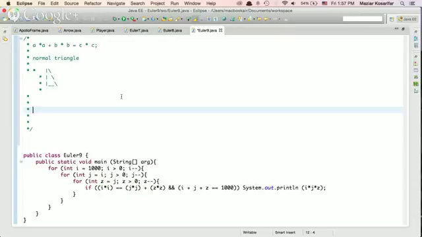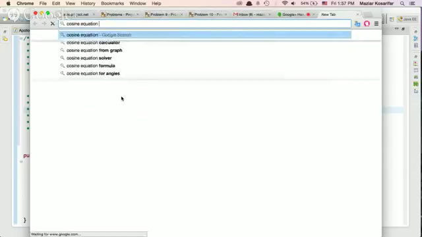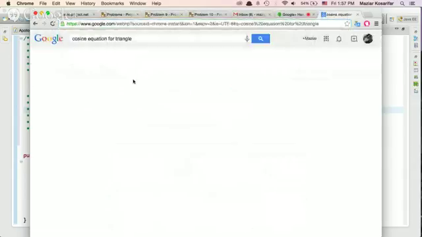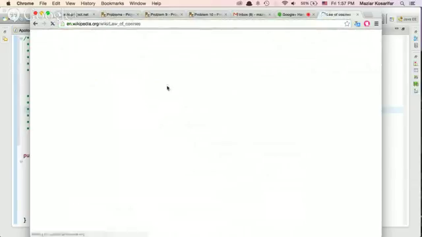We call it the law of cosines, where a to the power of 2 plus b to the power of 2 minus 2ab times the cosine of that angle is equal to c to the power of 2. You can find more about it under the name law of cosines on Wikipedia.